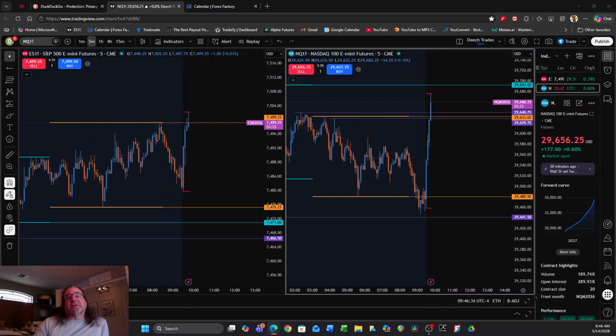Yeah, it's just moving like crazy. There's no move for us to be able to get in right here. If you were fortunate enough to find the entry right here, then yeah, you went for a really nice ride in the first 20 minutes here.